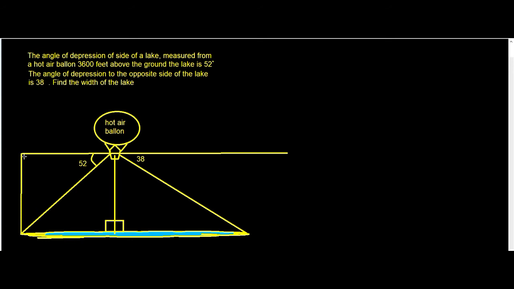Meron kang right triangle dito sa kabila. Another one here. Now, in your geometry, meron tayong tinatawag na alternate interior angles are congruent. Asan dyan yung dalawang alternate interior angles? This one. Etong angle na to, equal siya dito sa angle na to. Congruent silang dalawa. And you have 38 degrees, congruent siya dito sa angle na to.